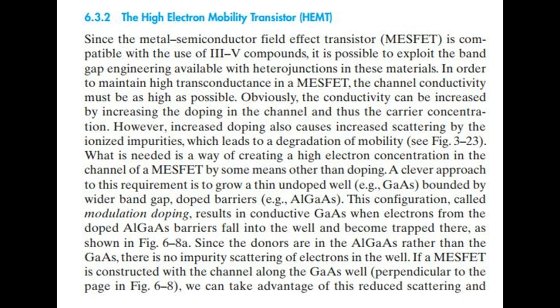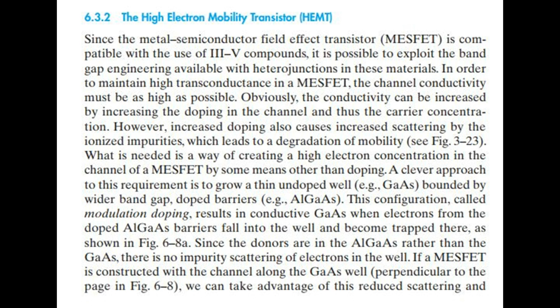Since the donors are in the aluminum gallium arsenide rather than the gallium arsenide, there is no impurity scattering of electrons in the well. If a MESFET is constructed with the channel along the gallium arsenide well, perpendicular to the page in Fig 6-8, we can take advantage of this reduced scattering and resulting higher mobility.